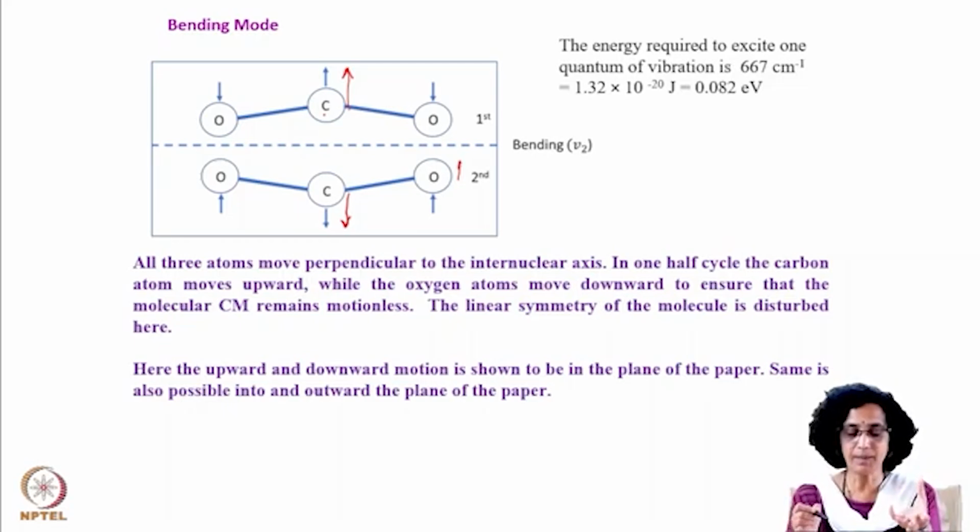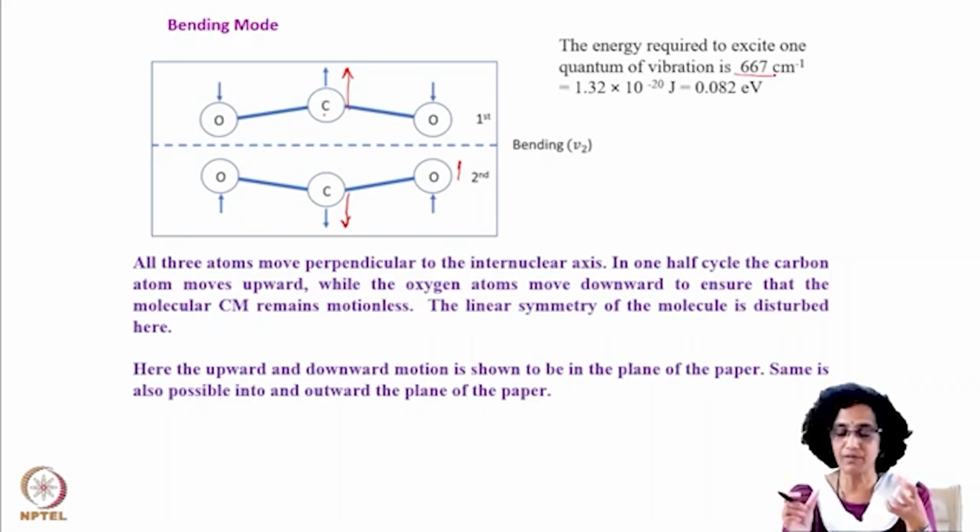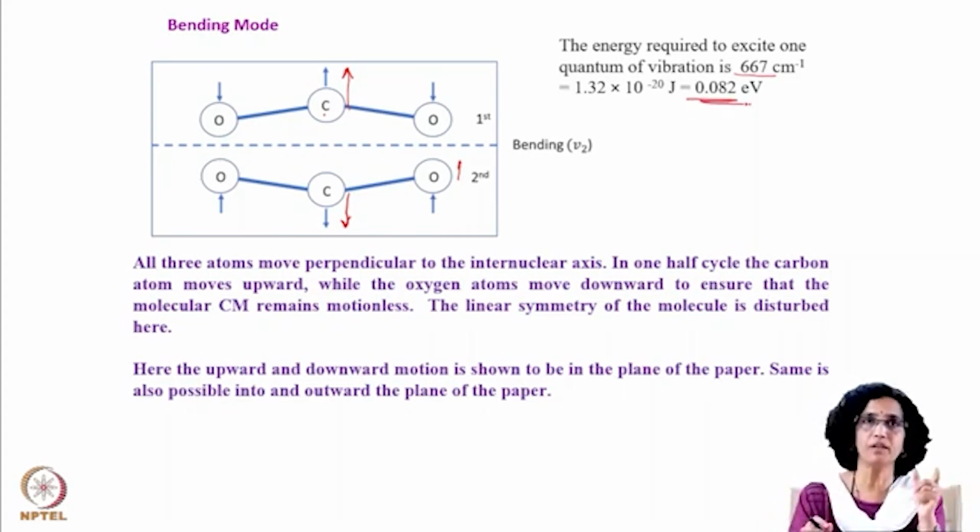As you can easily imagine, the quantum of vibration energy required for this is much less than that of symmetric stretch. It is very easy to break the linearity of the molecule, and this requires much smaller energy compared to symmetric stretch.